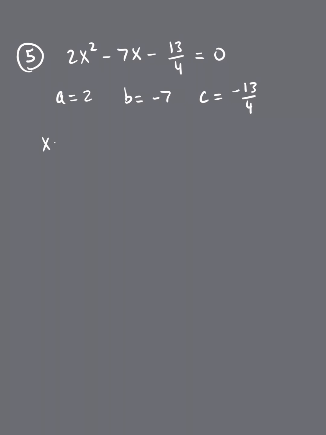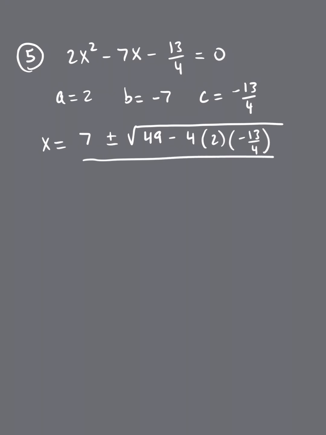So for our solution, we're going to have negative b, so that'll be positive 7, plus or minus the square root of b squared. Negative 7 squared is 49, minus 4 times a times c, all over 2a, 2 times 2. So let's simplify.